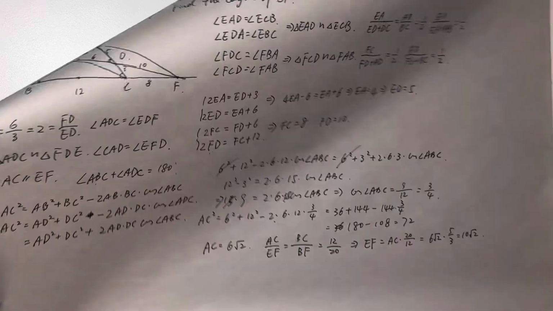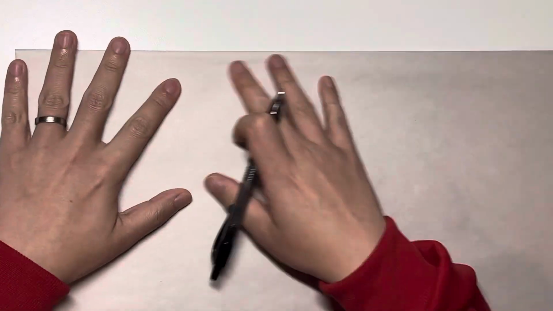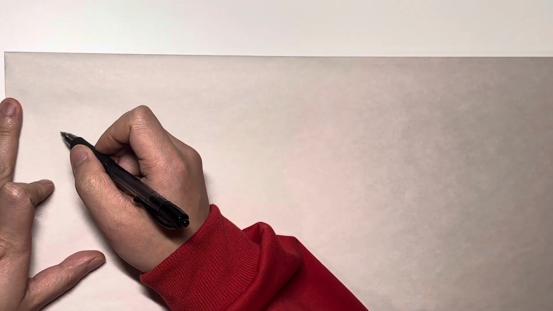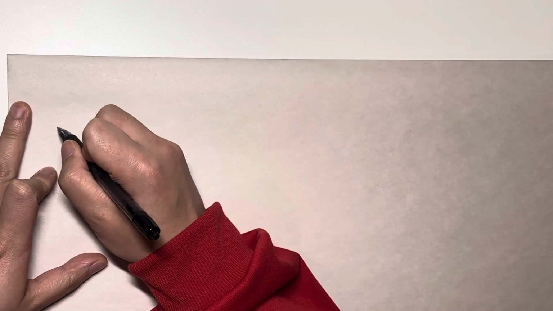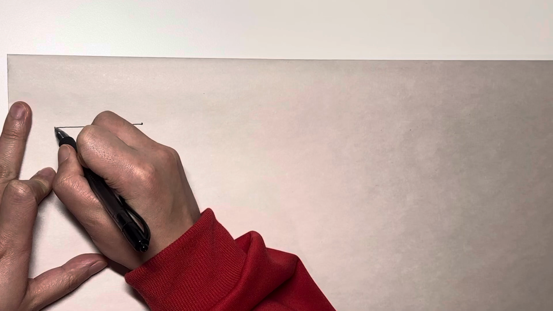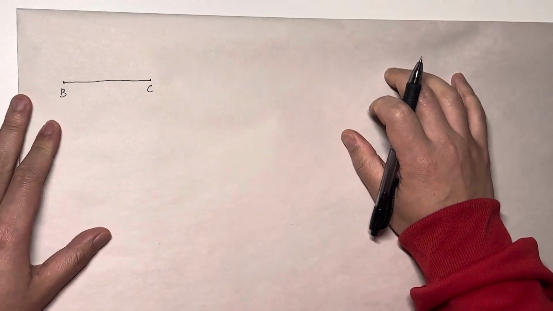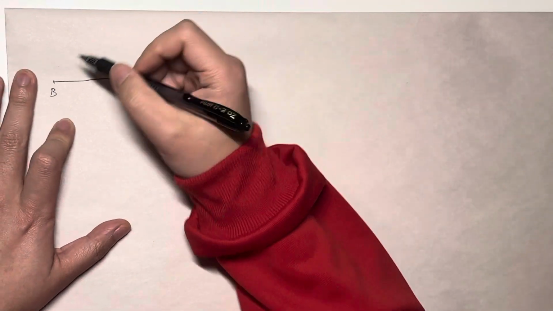That's the first method of this problem, and let's look at the second method. Okay, so I draw this figure again here. That's BC, right?